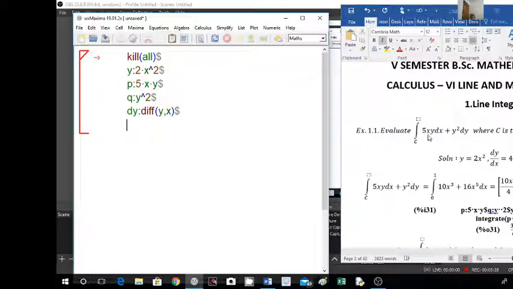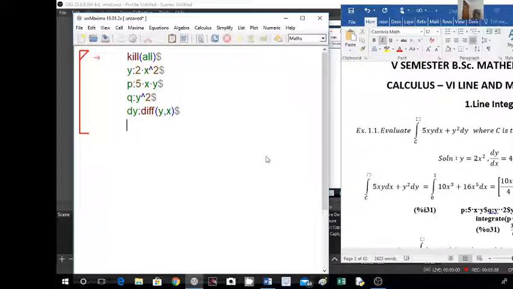Then we can convert everything in terms of x, and the limits are from 0 to 1. Dx we write outside. We get 5xy plus y square into whatever dy I am getting, into dx, integrating with respect to x.